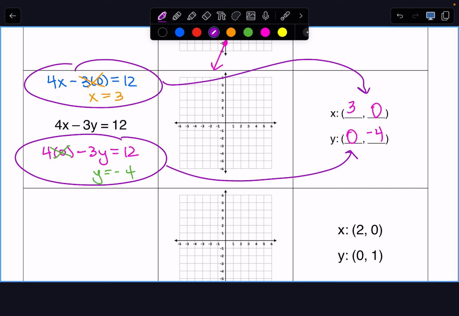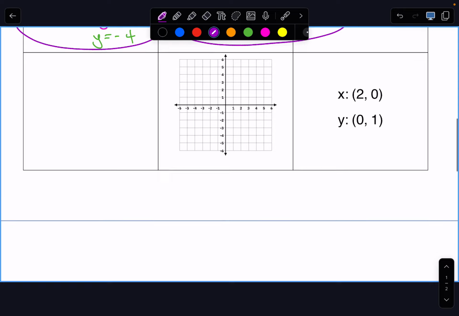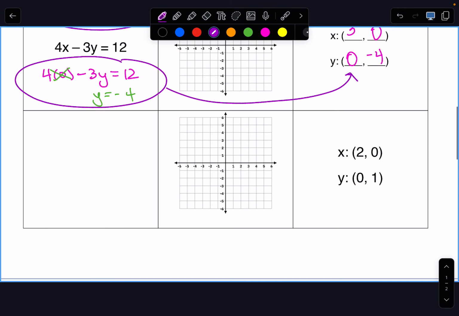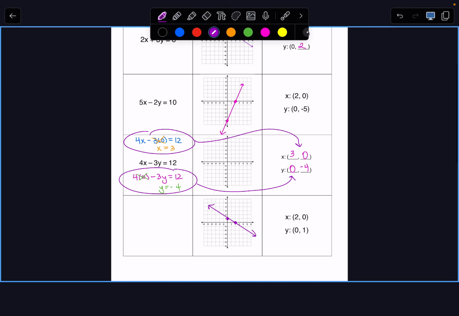Okay, so a lot of you are noticing patterns. Now let's talk about this one: (2, 0) and (0, 1). I guess I didn't graph this one, did I?